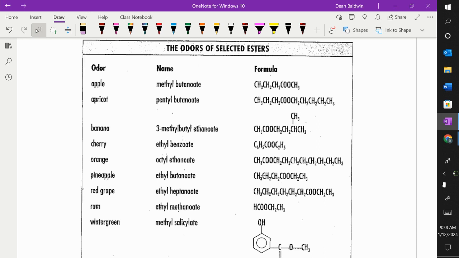It smells like apples, apricots, bananas, cherries, orange, pineapple, and so on. Usually nice smells are esters, though not everything. Not-so-nice smells, like fish, are amines.